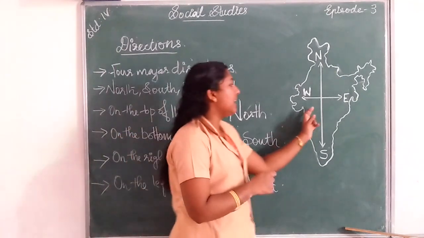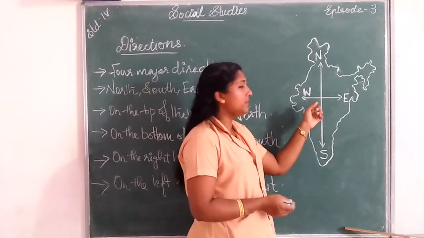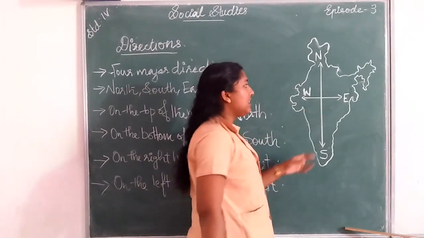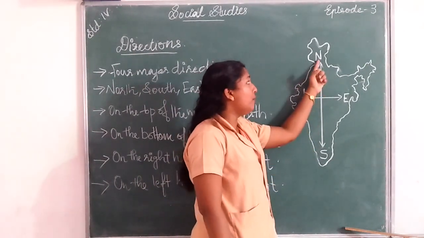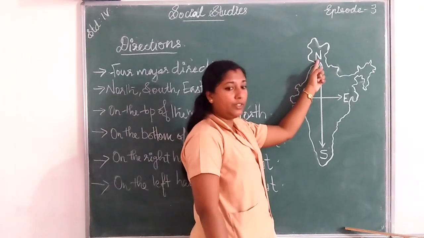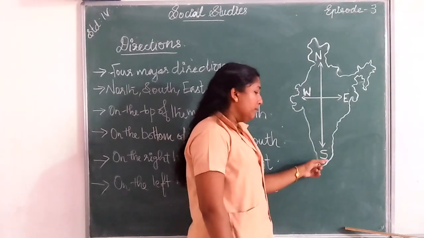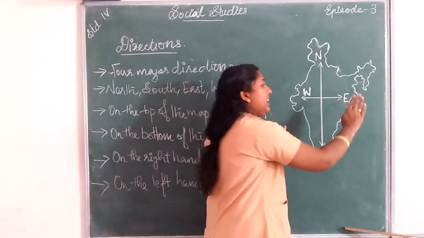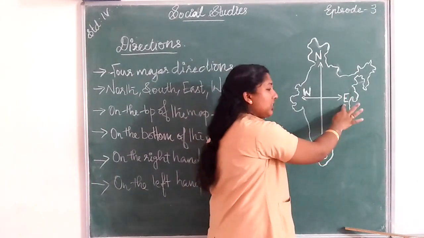Okay, all of you listen here. Here is a rough sketch for a physical map. In this map we can see the four directions. On the top of the map is the north direction. On the bottom of the map is the south direction. On the right hand side is the east direction.